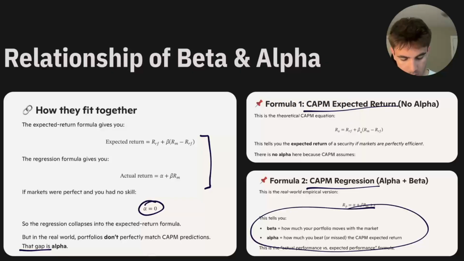Beta, how much your portfolio or an asset or strategy moves with the market. And then alpha, how much you beat or missed that expected returns. Then before we move on to the next slide, I do just want to preface, I looked all this up this week. I am in no way an expert, and I'm explaining it to better my own understanding.